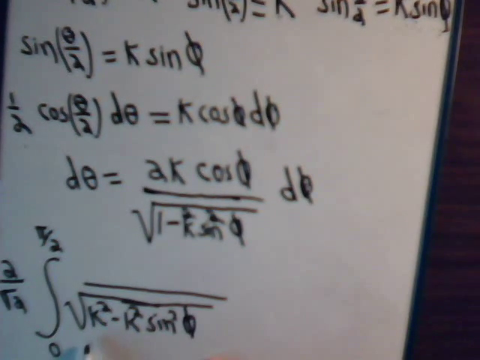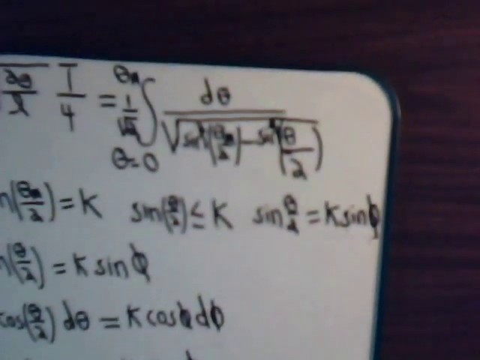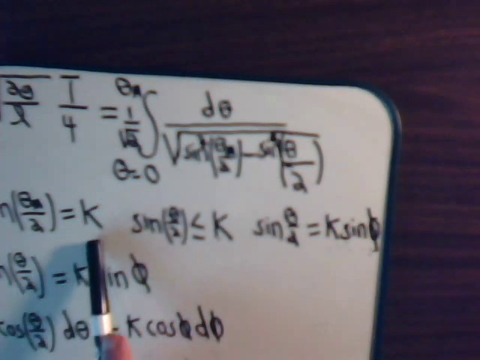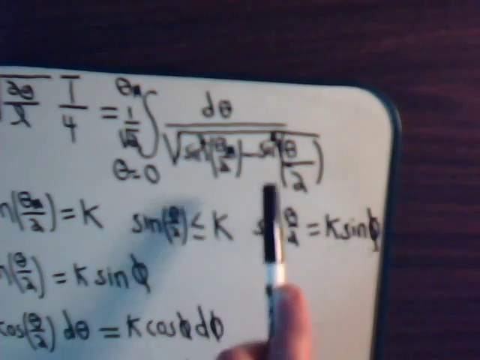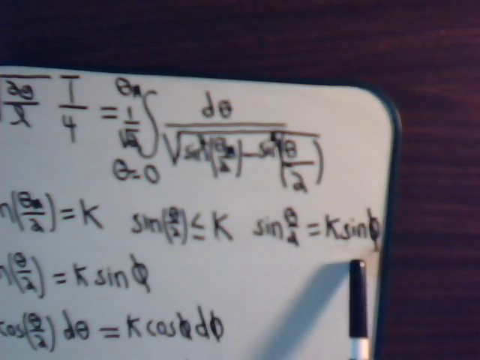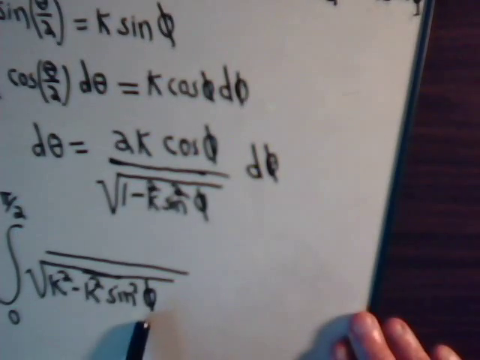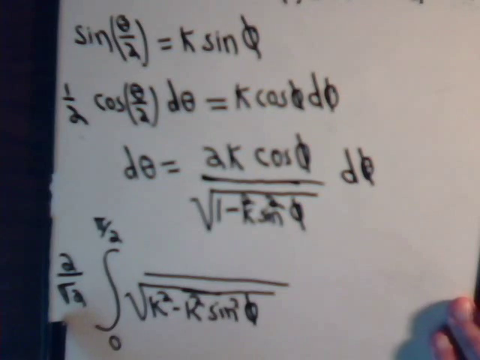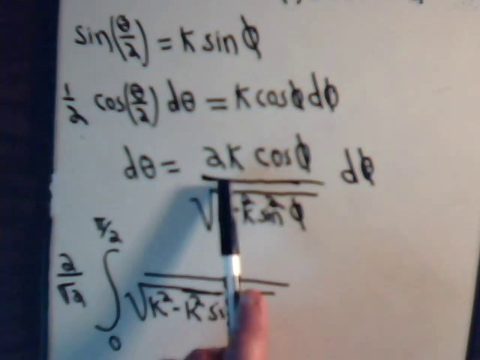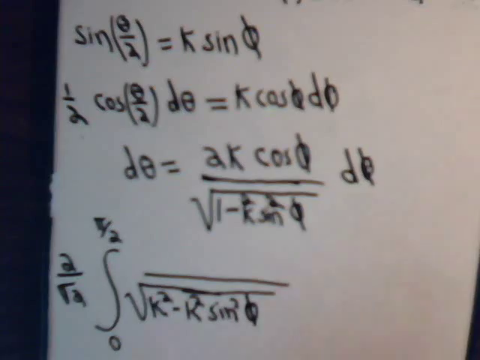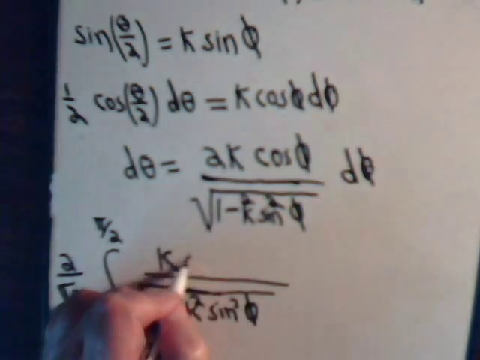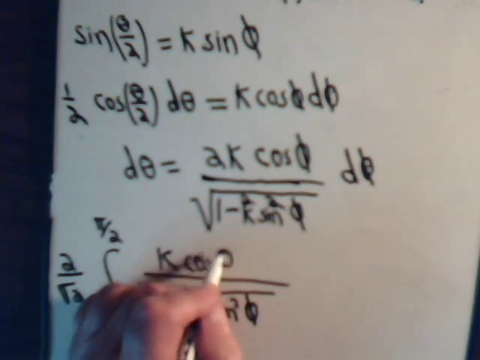Okay, this is this term with our substitution. K squared is this. This squared is going to be k squared sine squared phi, which we have written right here. And we had a 1 over square root of 2. That's here. Now, from the d theta term, we have this. Then we also have k, the 2 is out here, times the cosine of phi.